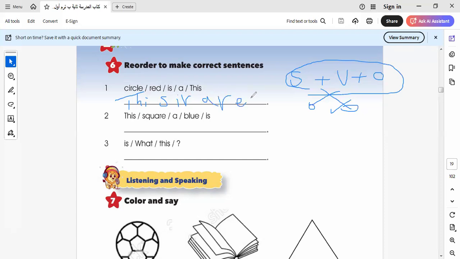As we told you before, when we talk about colors, we talk about adjectives, and the adjective must be before the noun, which is the circle. So we say red circle. Here we say this is a blue square. We must know this rule to answer the question in the correct way.